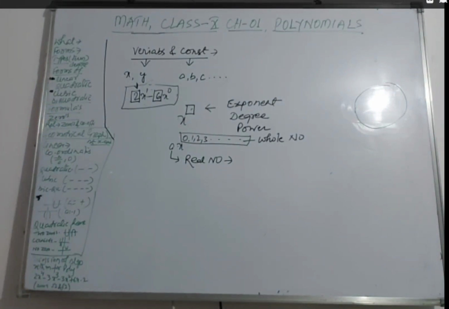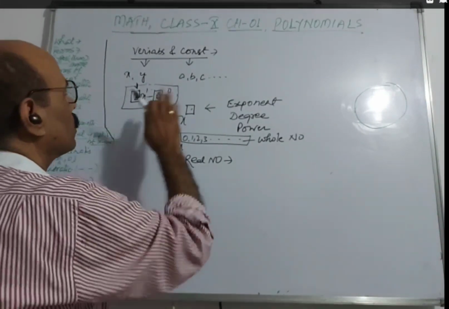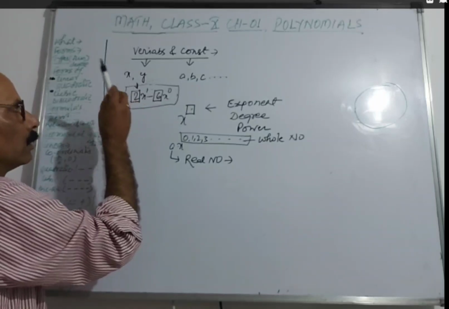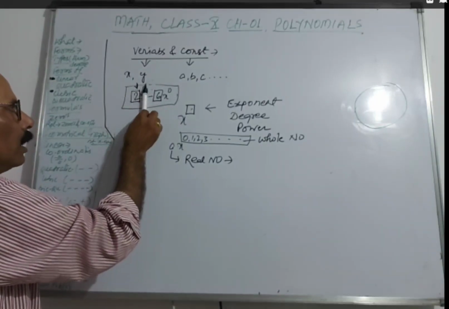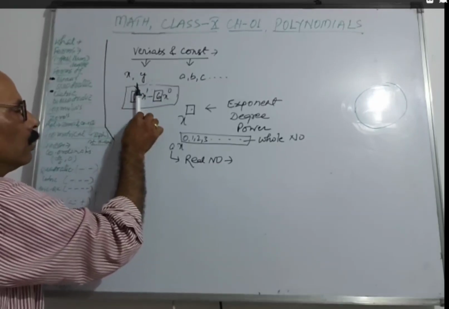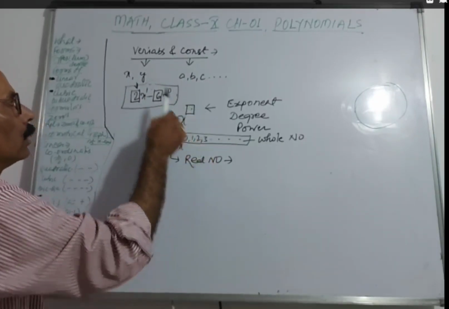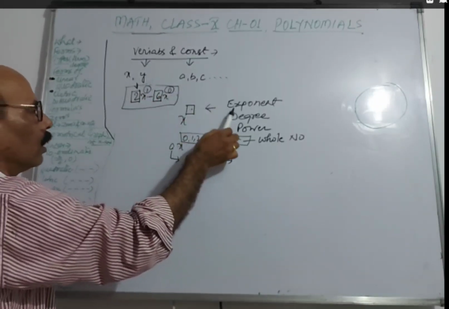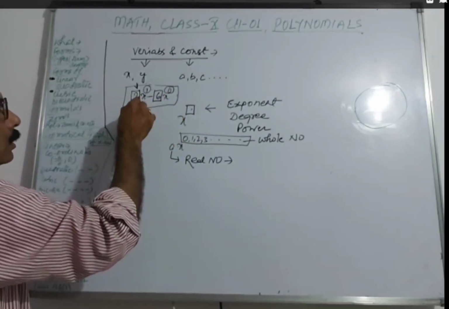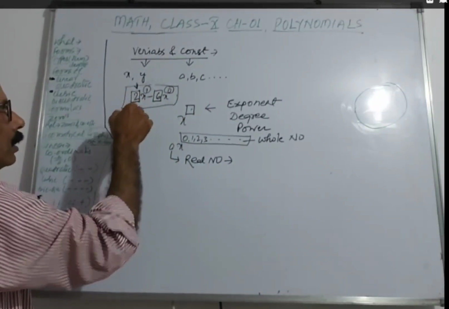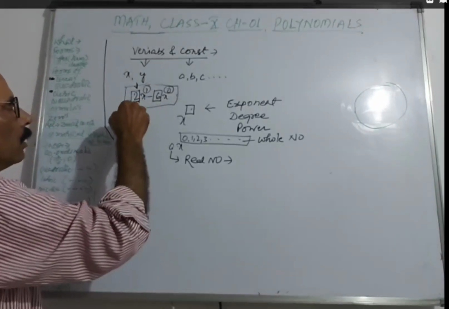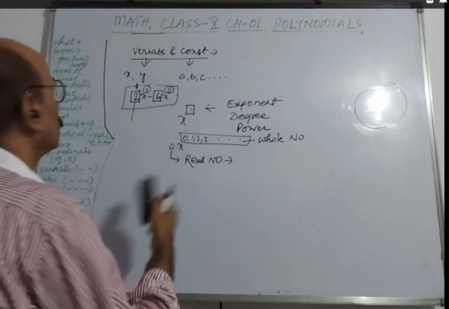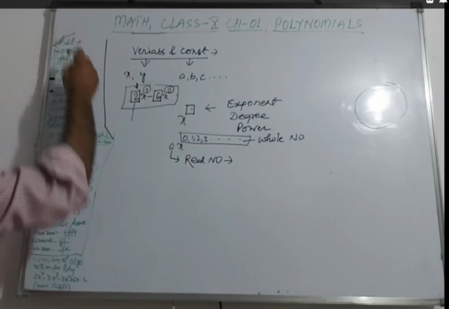If any expression is a combination of variable and constant, it will be called polynomial when the exponent of the variable is a whole number and the coefficient is a real number. You understood what is polynomial.